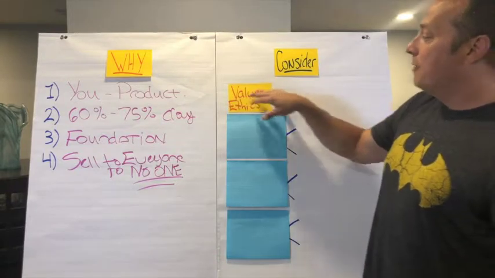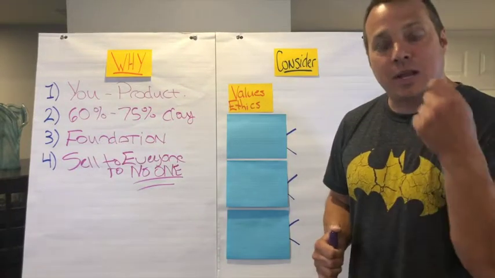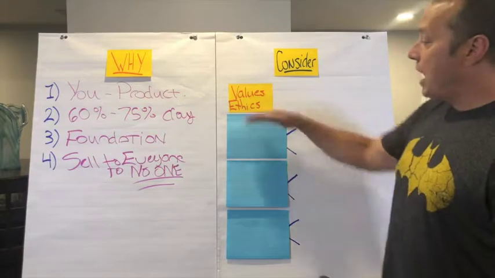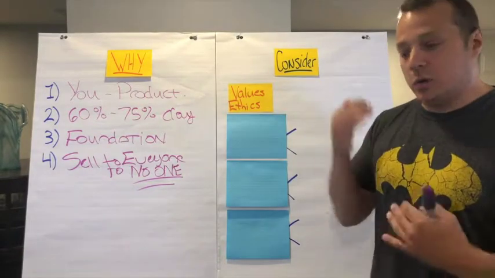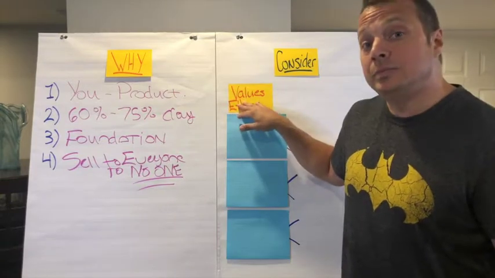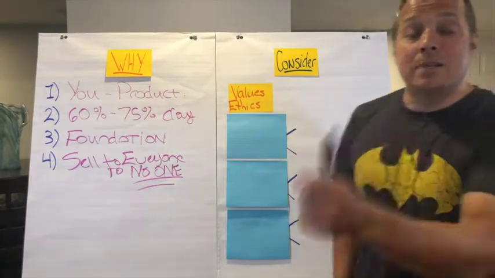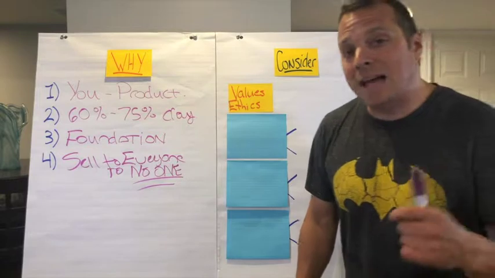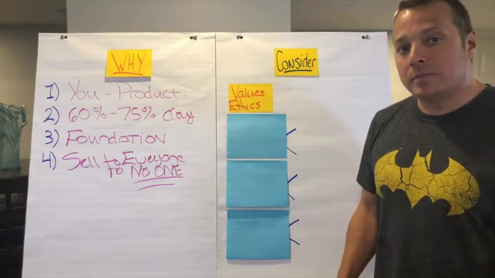If your values are integrity, honesty, and your ethics are of the same nature, you're honest, and your customer lies to you in order to get a better deal, is that somebody you really want to deal with?